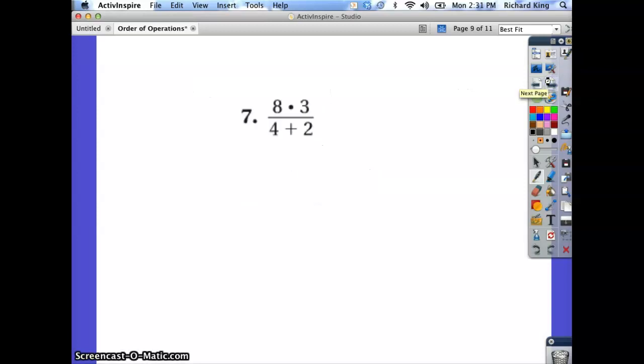Okay, here's a problem that will fall kind of as an exception. What we have here, this line right here, is called a division bar. When we have one of those, you do the operation above it and below it before you do the division. So let's go ahead and start by, again, we'll put this up.